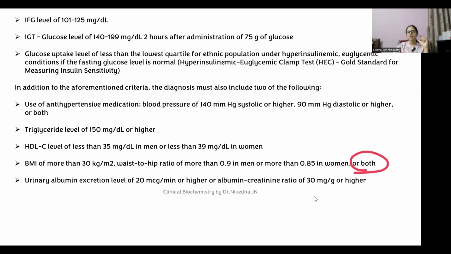In addition to all these, what is the new extra criteria that the WHO is taking? That is the urinary albumin excretion level.